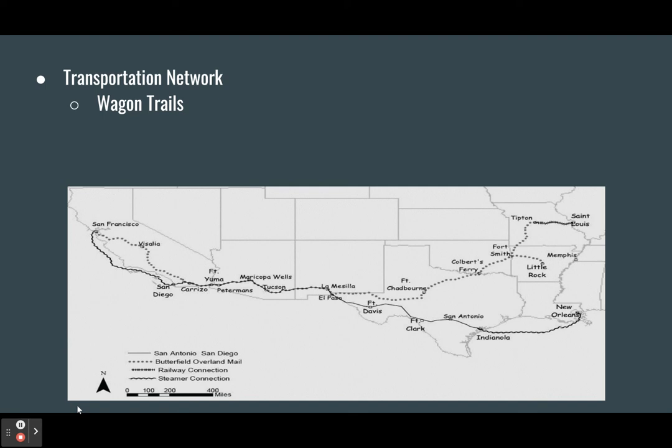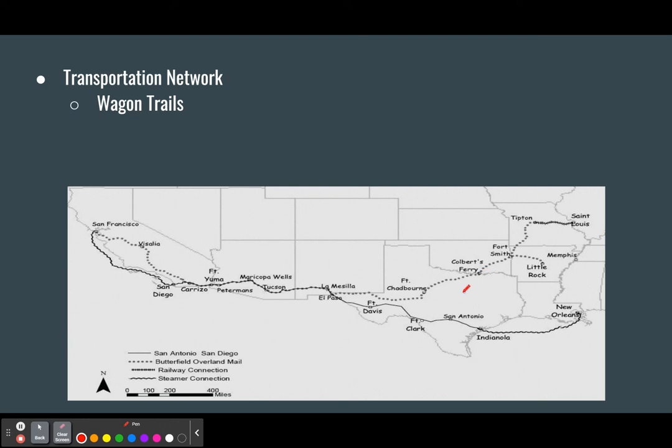So in the 1850s, there are two trails that are significant to Indian Territory. One is the California Trail. The California Trail is an east west route that follows the Canadian River. Let me see if I can highlight this for you. So it would go along this, right?